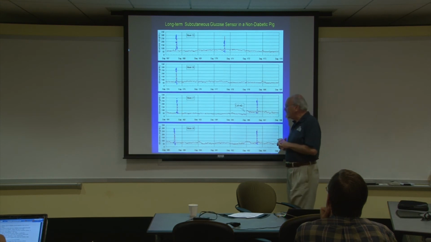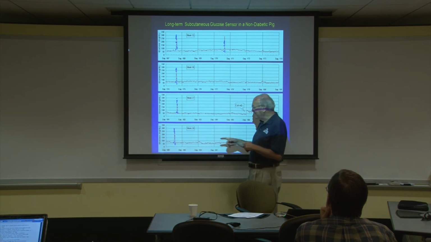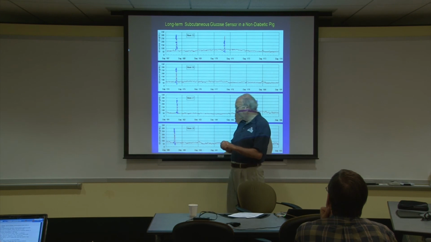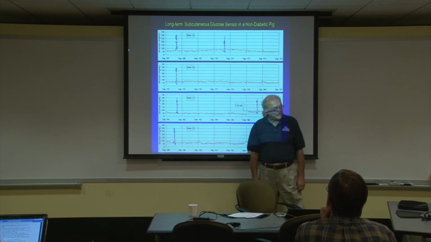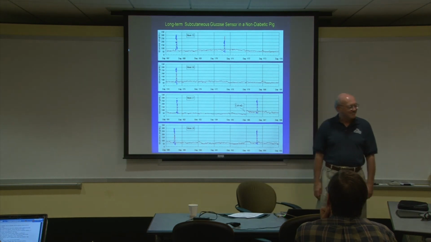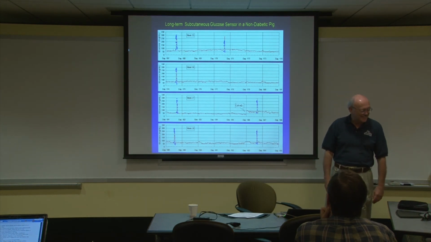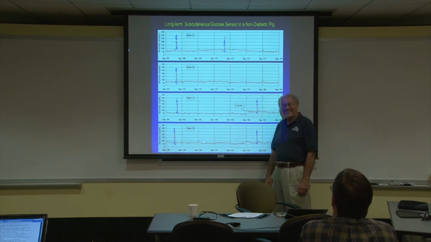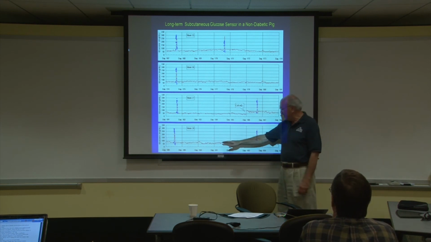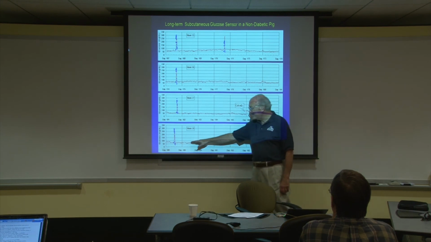So in that sense, a pig's not a great animal for testing this. You've got to give a big glucose injection directly in the bloodstream to cause their blood glucose to move. Pigs are highly efficient farm animals, and you can't get their glucose to move. So they're at baseline all the time, basically.